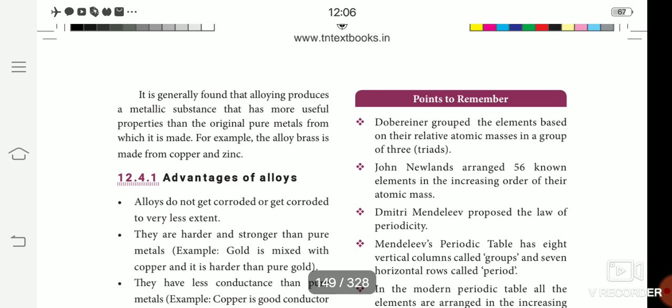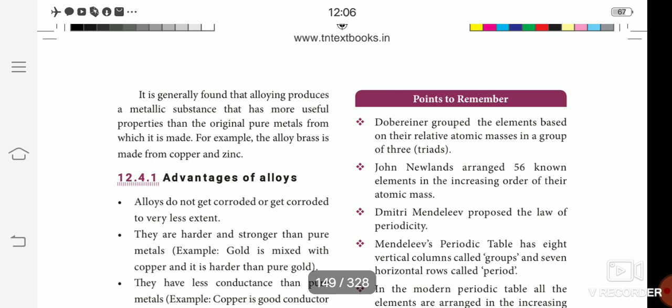Then the advantages of alloys. Alloys do not get corroded, or corrode only to a very small extent. Alloys are very hard and strong.